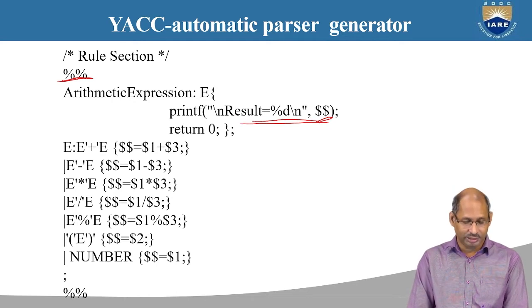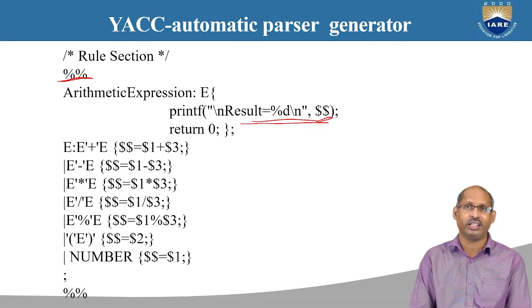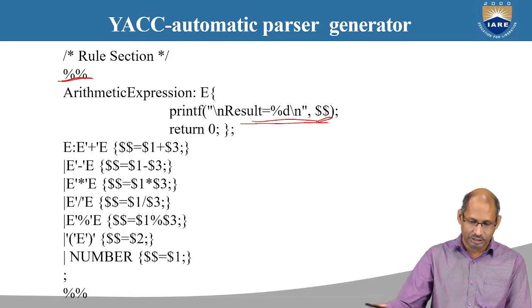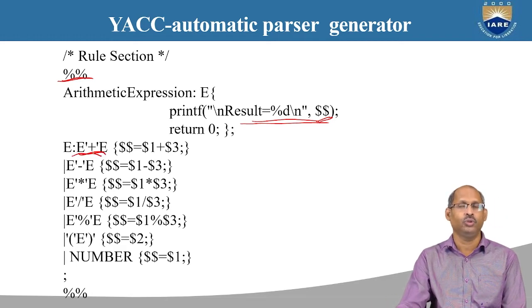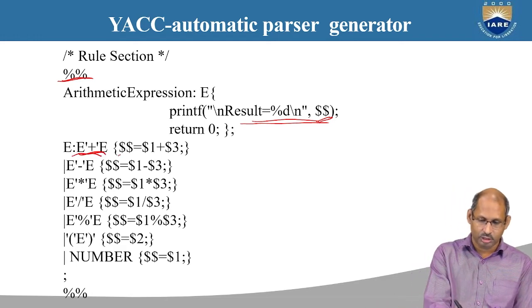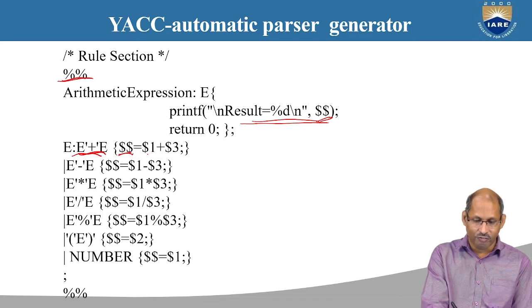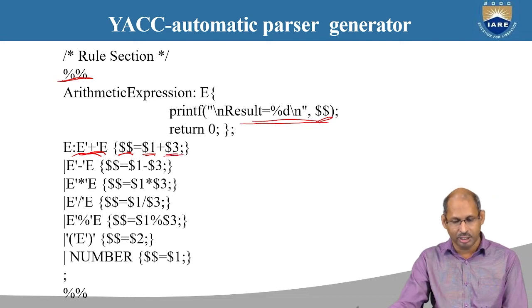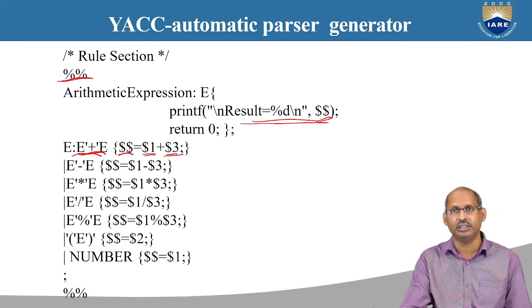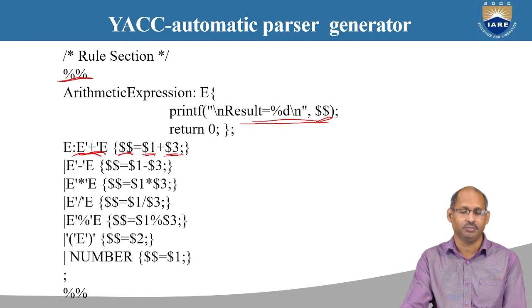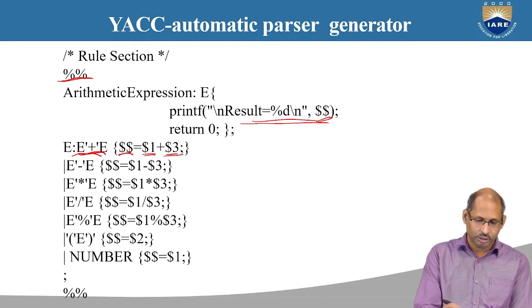The first expression is the addition of two expressions. The resultant value will be the value of the first element added to the value of the third element, and the resultant value is used in the printf statement. The second expression is subtraction.